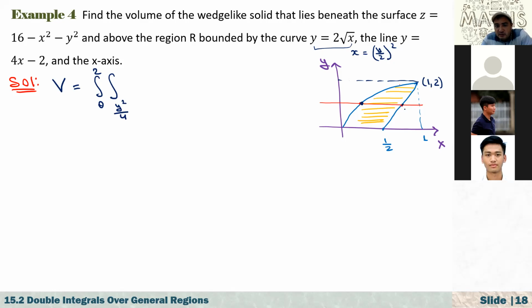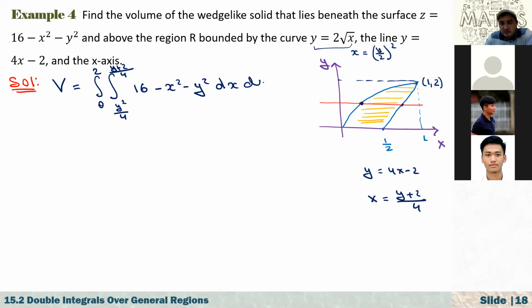And exiting here, if you express y equals 4x minus 2, express x in terms of y. So x is equal to y plus 2 over 4. So here we have y plus 2 over 4. Now here we have our function 16 minus x squared minus y squared, first with respect to x, then with respect to y.